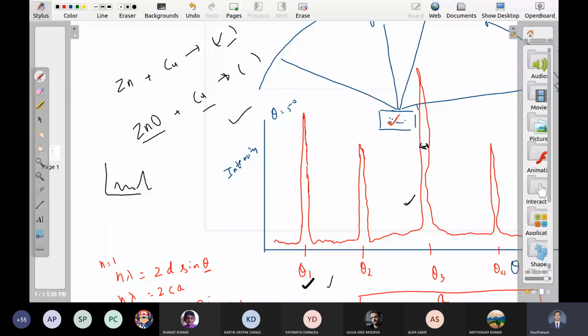If you are getting the same thing, then it means you got what you do not want. If there is no peak of oxygen, then you have got your desired sample. That is why XRD is so important.